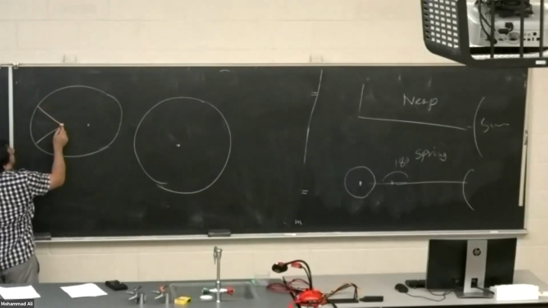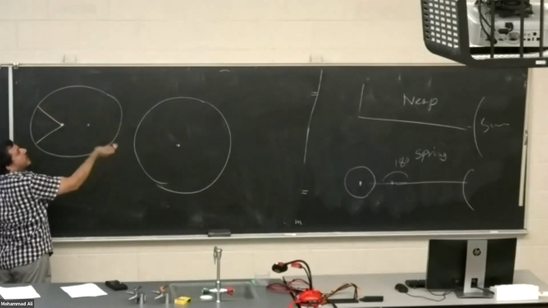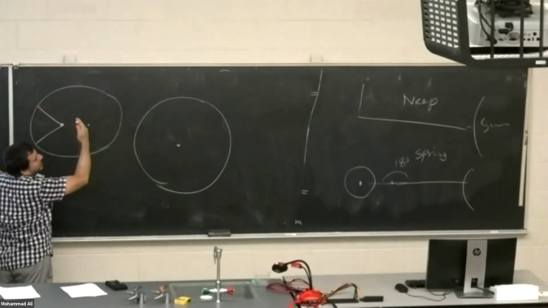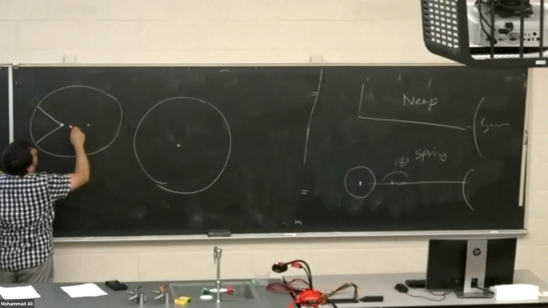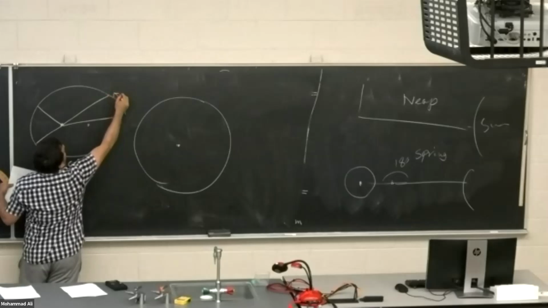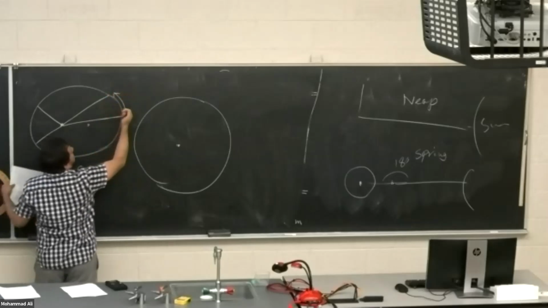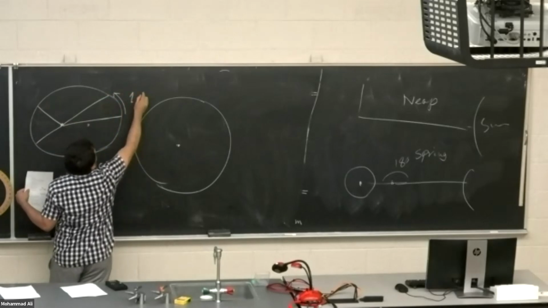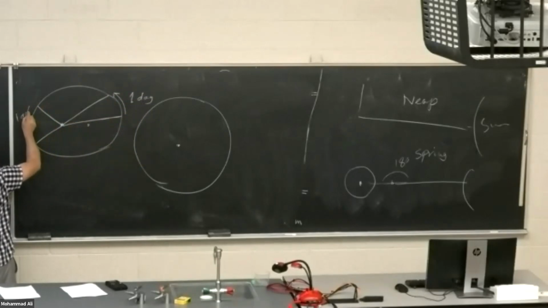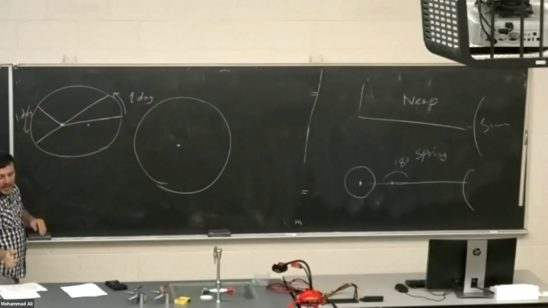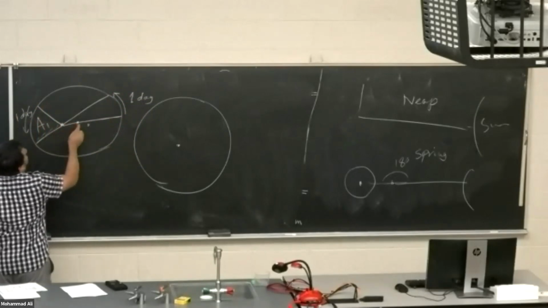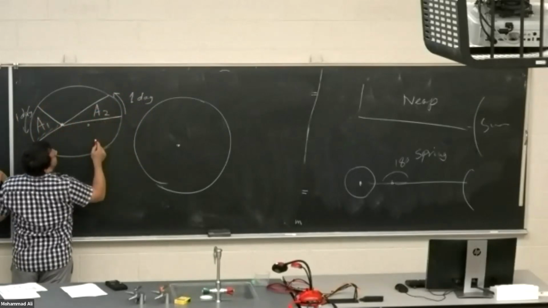When an object is rotating about another object, Earth about Sun, satellite about Earth, Moon about Earth also, if we have equal periods of time, assume, for example, 1 day, and this is also 1 day, the area, as we see from the video, A1, will be equal to A2.